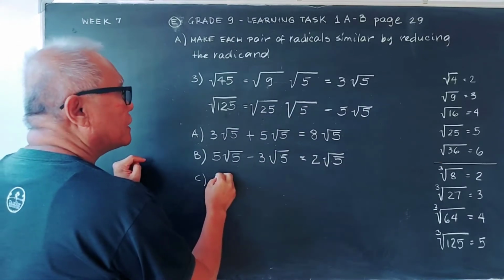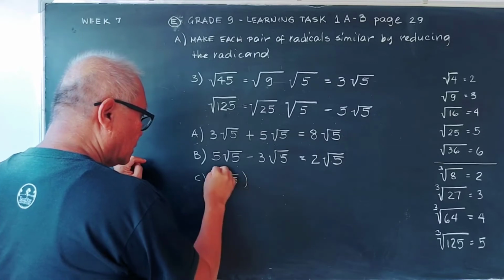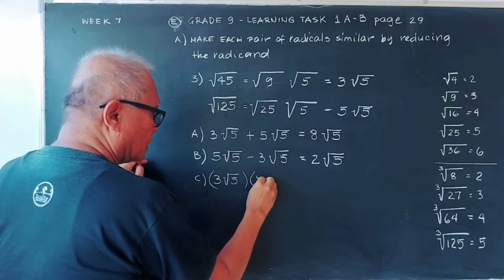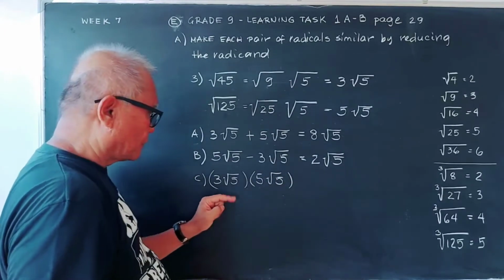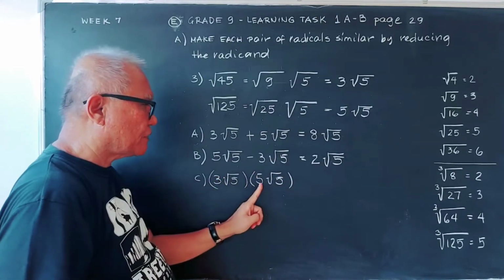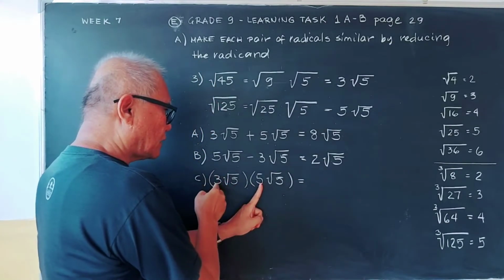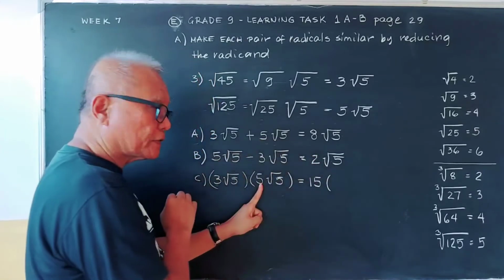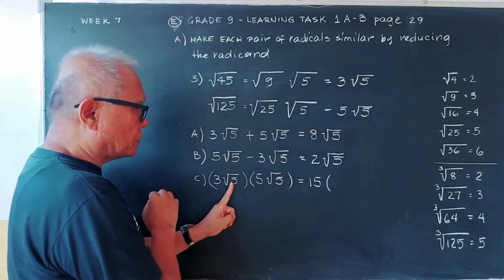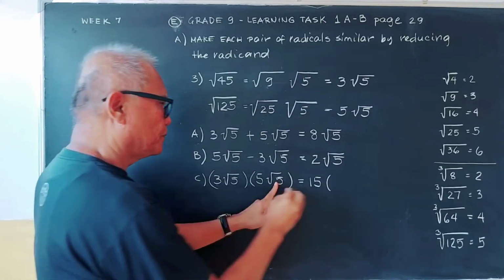C, multiplication tayo. Unahin na natin yung unang 3 square root of 5 times 5. 3 times 5. Walang radical sa walang radical. So, you have 15 times square root of 5 times square root of 5 is 5.